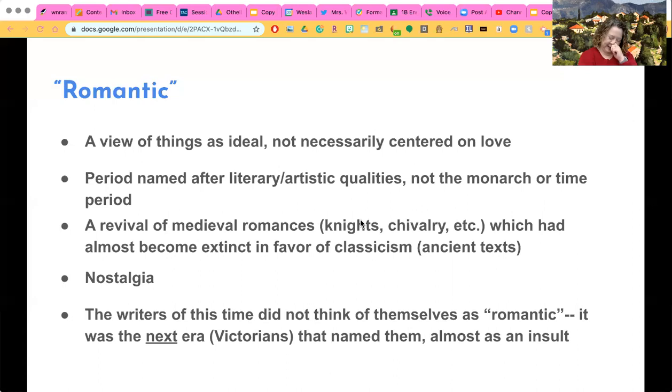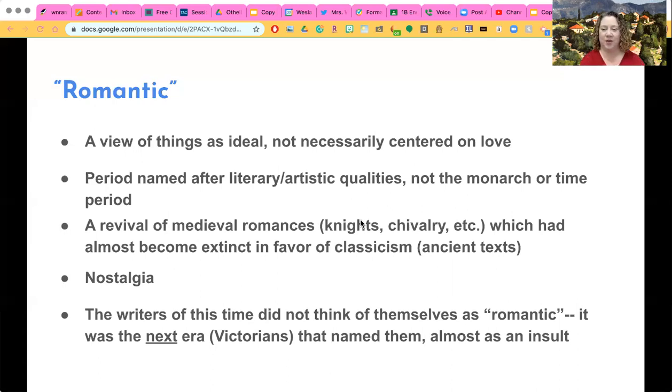And the Romantic movement actually was named by the next group of artists, writers, thinkers, called the Victorians, and they thought that it was sort of putting down the Romantics. They're kind of saying the Victorians are not perfectionists, they're realists, and they don't go in for this sort of fantasy romantic concept.